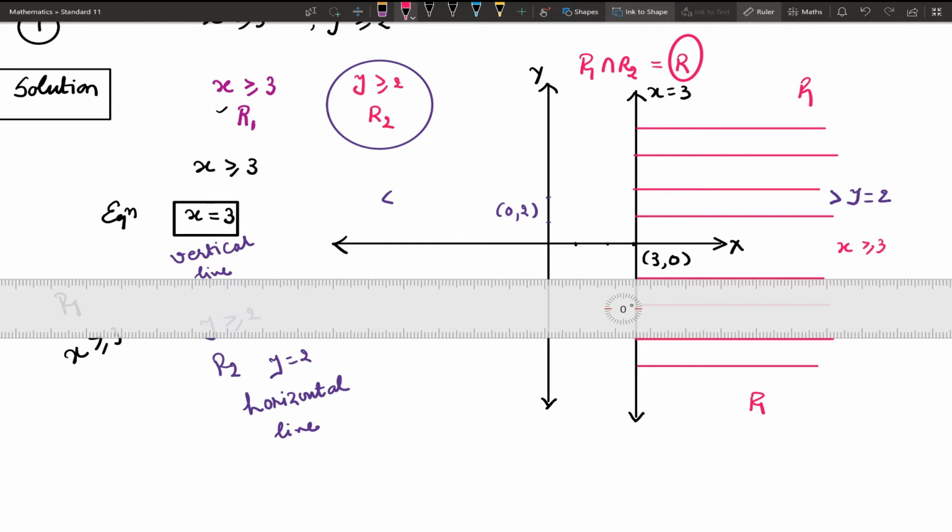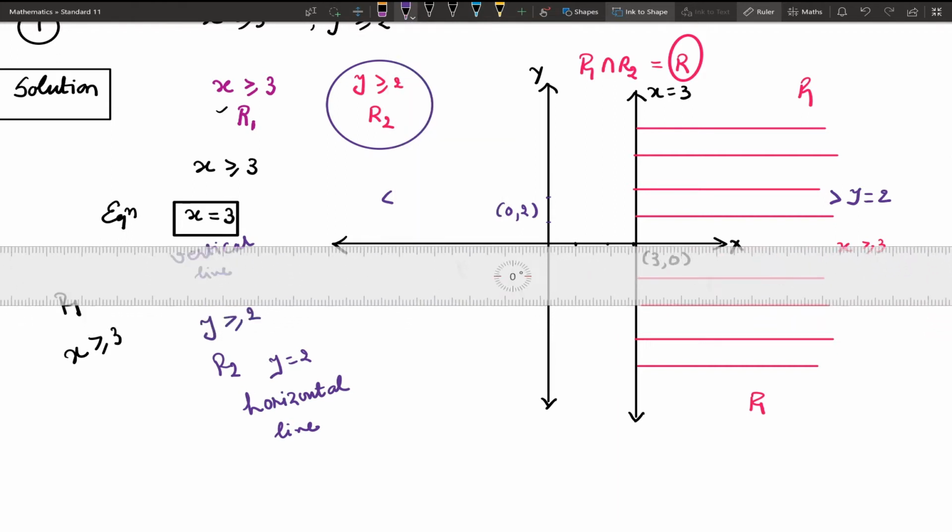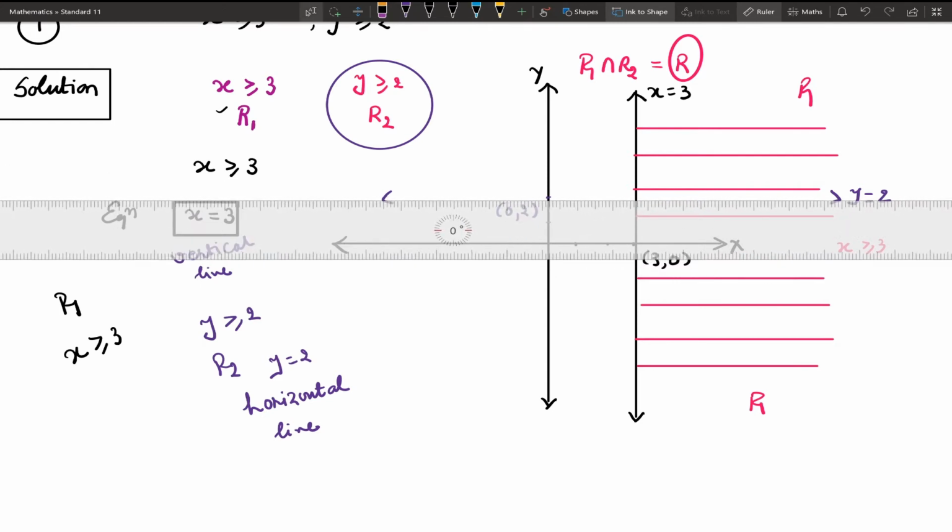We know y equal to 2 represents a horizontal line, so let us draw the horizontal line y equal to 2.